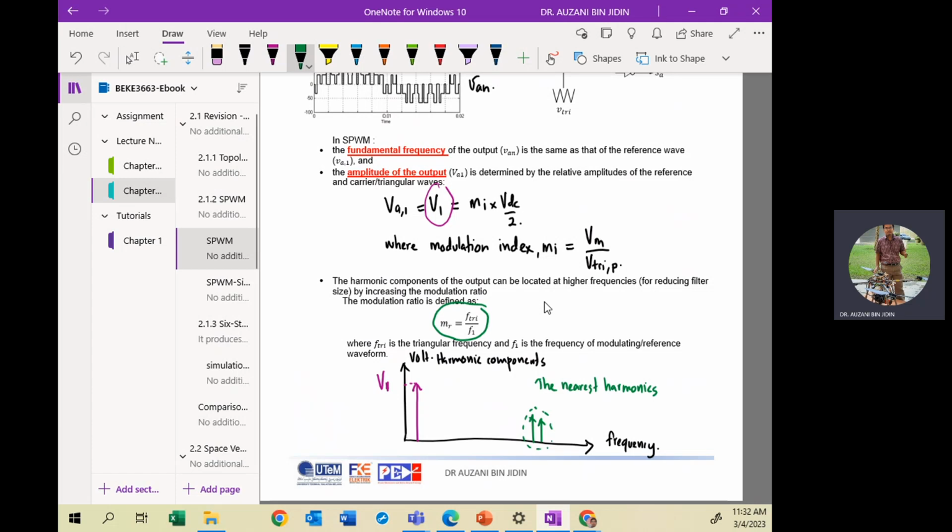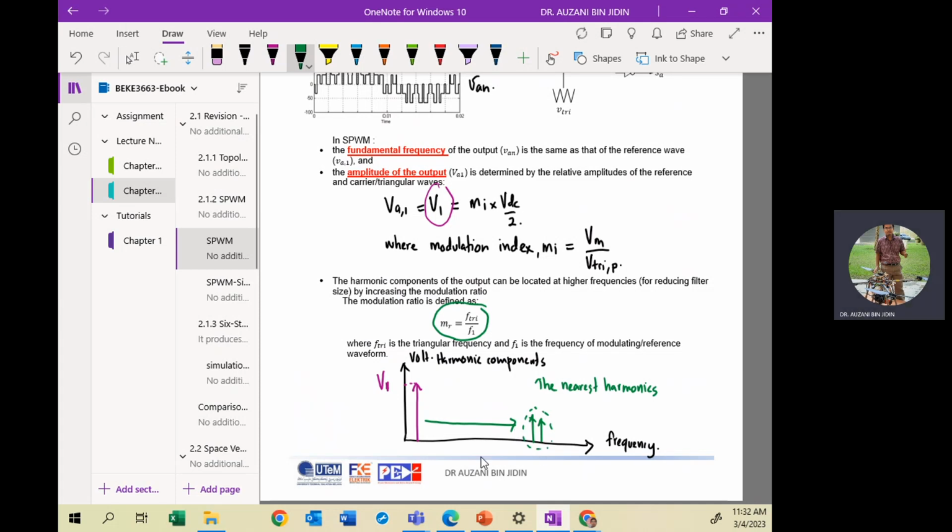By setting a higher triangular frequency, or higher MR, you can push your nearest harmonic to be located far away from the fundamental component.